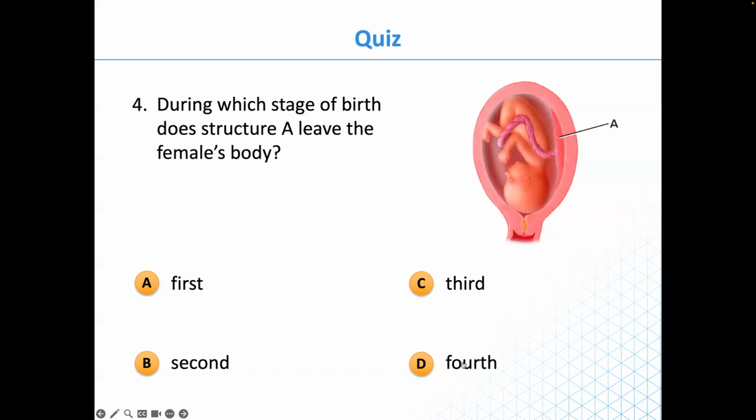Also, the umbilical cord is connected to the baby's belly button, and you cannot remove it immediately. If you cut from one side, it's going to be too much on the baby's side.